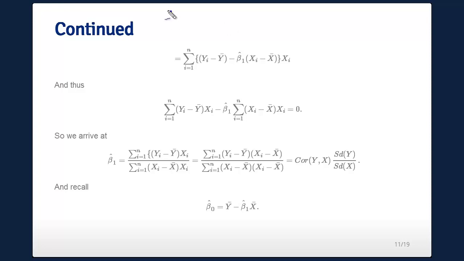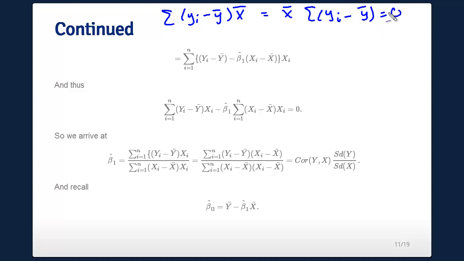Now, let me just note that summation of yi minus y bar times x bar is equal to x bar, because x bar doesn't depend on i, times the sum of yi minus y bar right there. But this is the sum of the deviations around a mean. But we already know that to be 0, right?